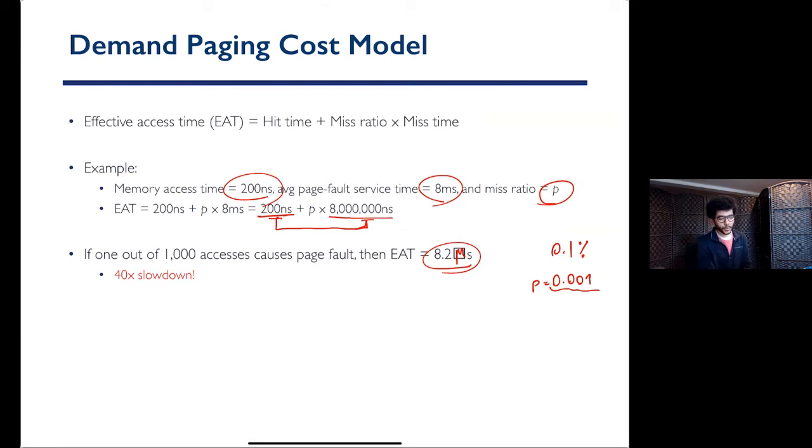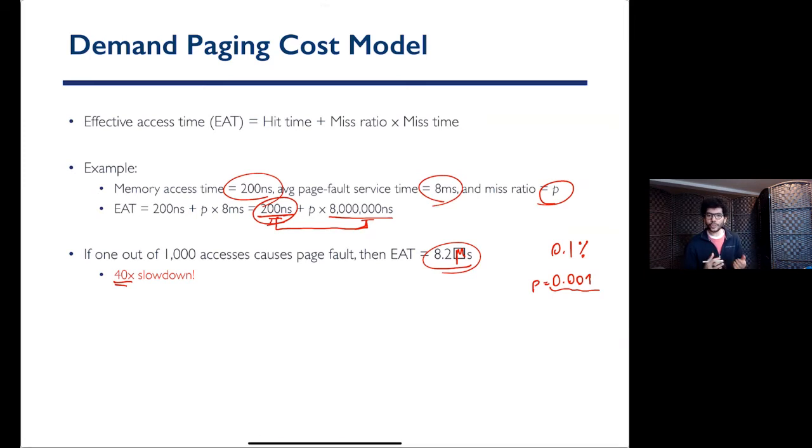Now compare 8.2 microseconds to your hit time, the hit time being 200 nanoseconds. Your average access time is 8.2, and that's 40 times slower than your best case.